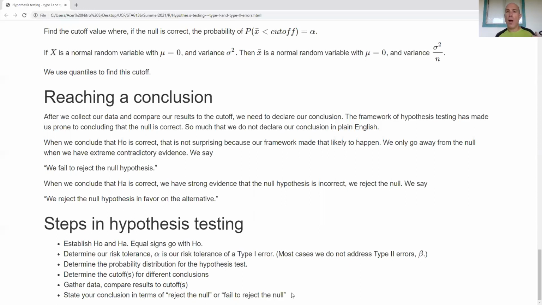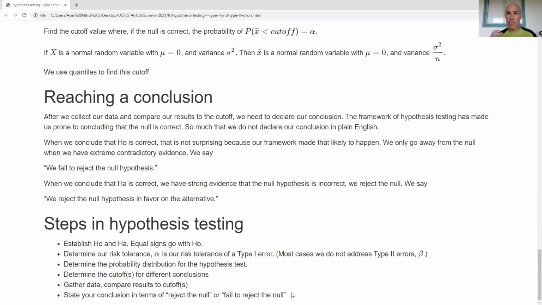I want to incorporate the risk of a mistake, and when I say risk, I mean the likelihood of a mistake and the penalty for making a mistake. I want to incorporate that into my system, and I want a system that is less subjective. This is why we use hypothesis testing.